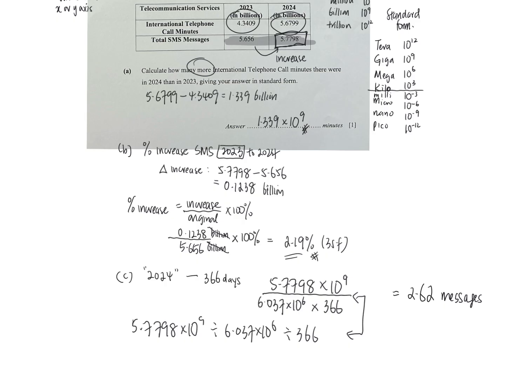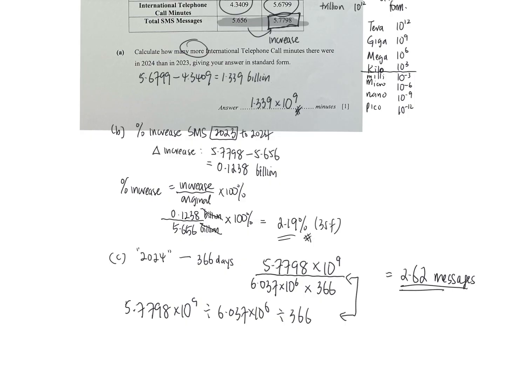We always leave your answer to 3 significant figures if the answer is not exact. If not, in the question, they will say round off your number to the nearest whole number, or the whole messages that you can send. They will tell you if they need you to round that up. So this one, you keep it to 3SF.